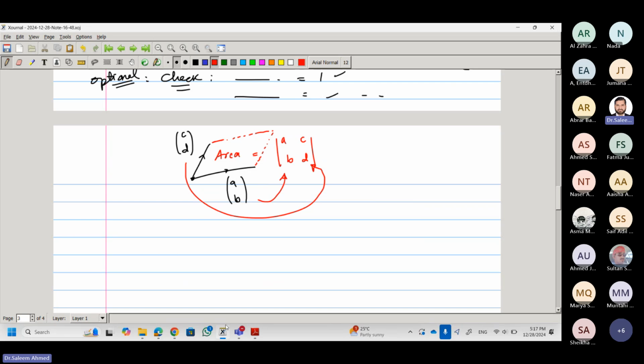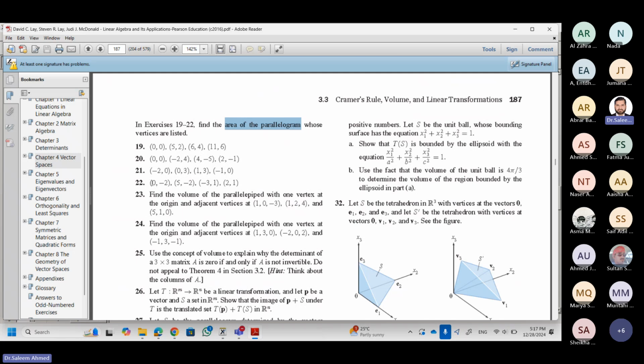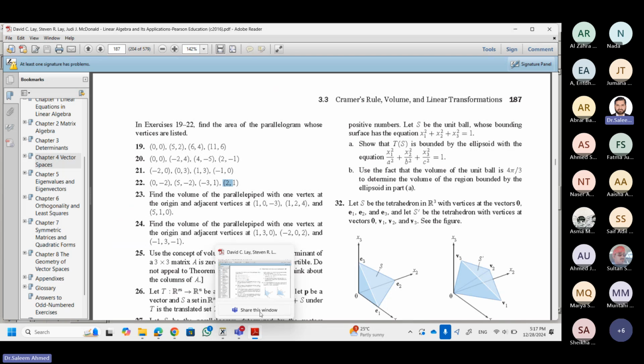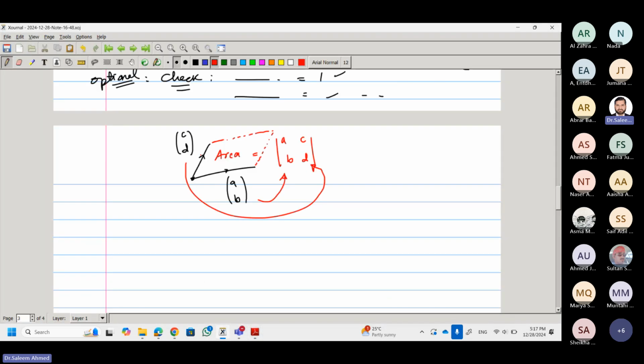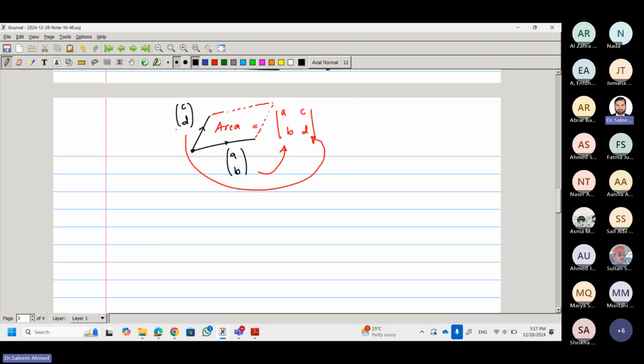So if you look at this question, you have 0, 2, 5, 2, minus 3, 1, 2, 1. So from these 4 points, you can make 2 vectors. I need just 3 points, not all of them, because 3 points will give you, if this is A, this is B, this is C, and this is D. I don't need D. From A to B, I can make 1 vector, and from A to C, I can make the second vector, but that's enough.